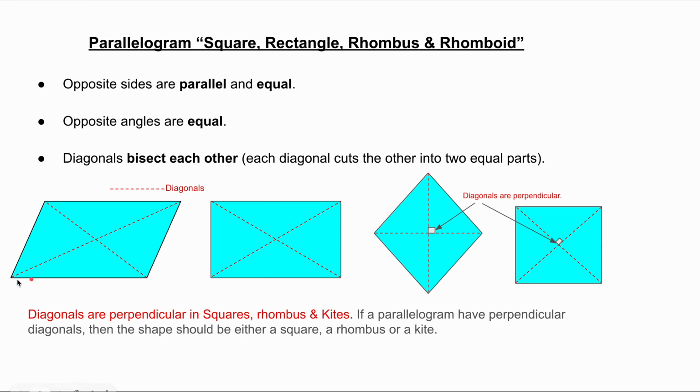This is a parallelogram. As you can see, we have 1, 2, 3, 4 sides. A rectangle, 1, 2, 3, 4 sides. Rhombus, we have 1, 2, 3, 4 sides, and a square.